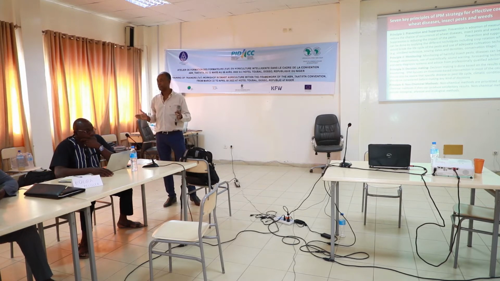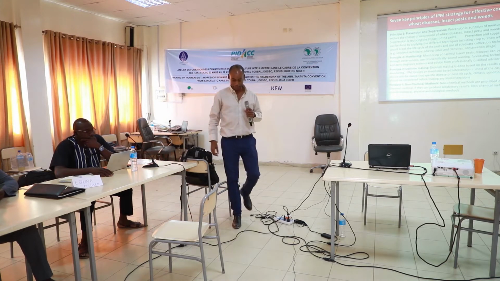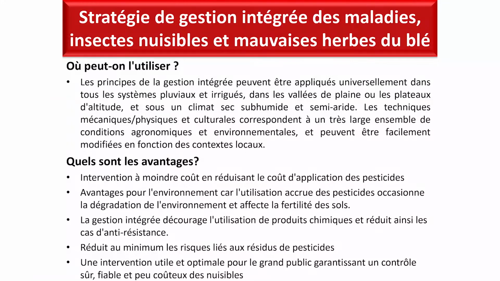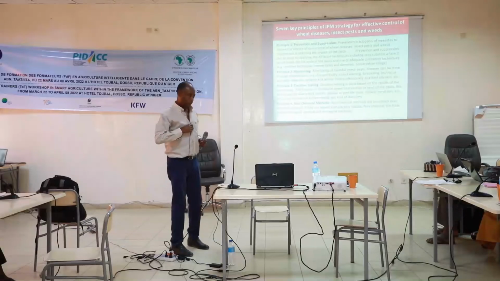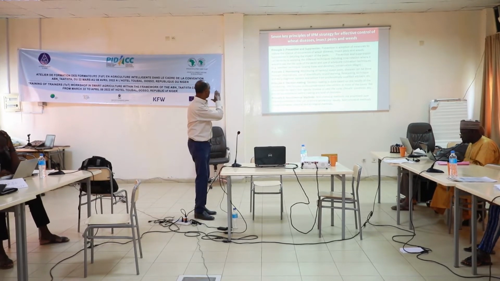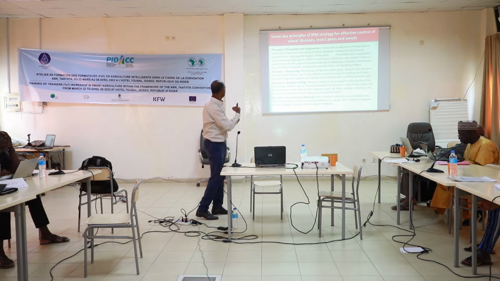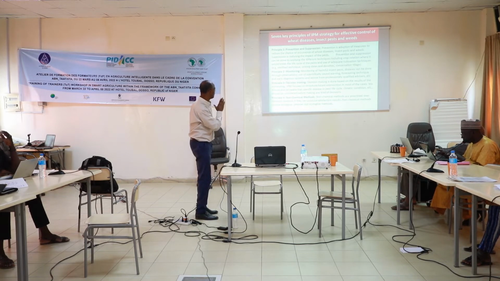Is it clear? Please. I wanted to say that one of the reasons of IPM, or integrated pest management strategy, the first thing to control our wheat farm is prevention and suppression. Prevention is adopting measures to reduce the chance of occurrence of wheat disease, insect pest and weeds.